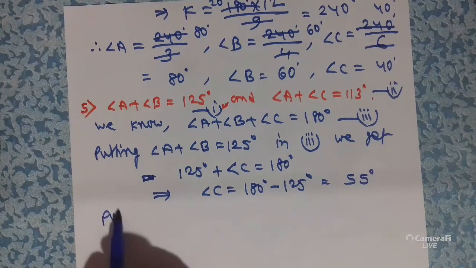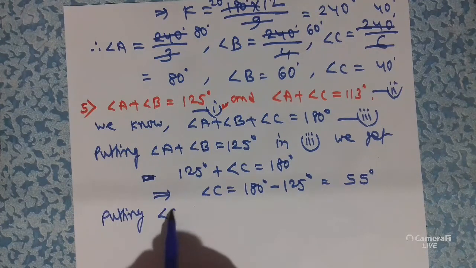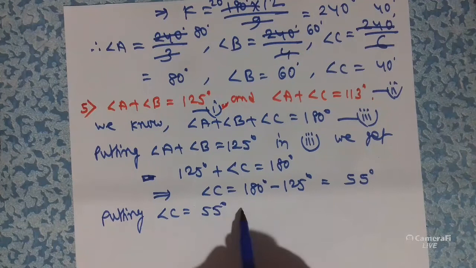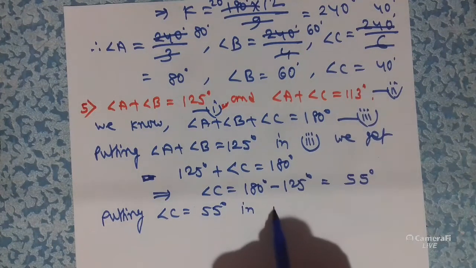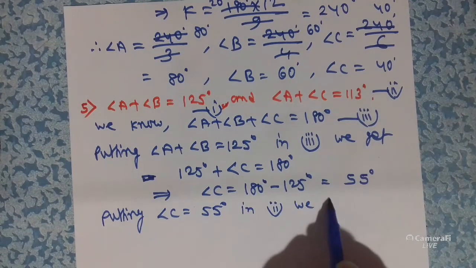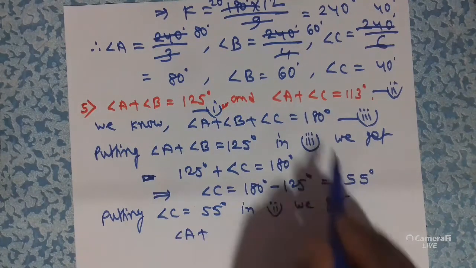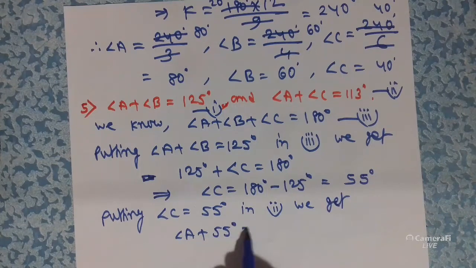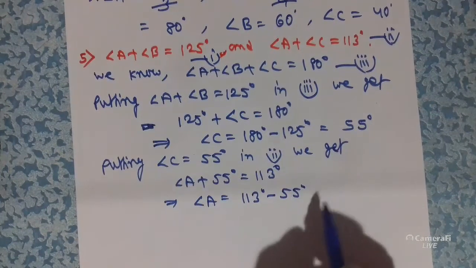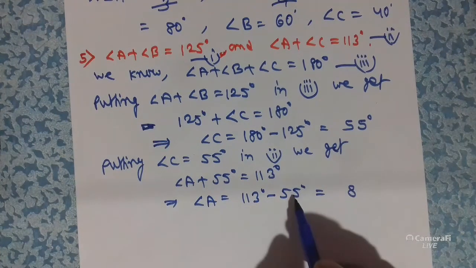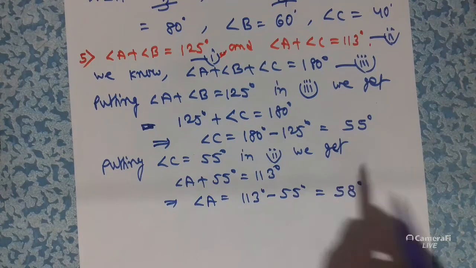Now putting angle C is equal to 55 in 2, we get angle A plus angle C, that is 55, is equal to 113. So this implies angle A is equal to 113 minus 55, which is 58 degrees.